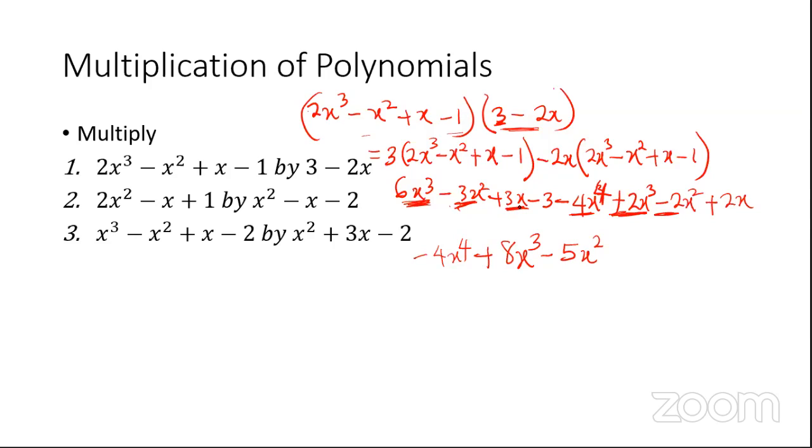The family of x: plus 3x plus 2x gives plus 5x. For the constants, minus 3 is the only one there. It has no relative, so it stays alone. So this is the result of our multiplication.